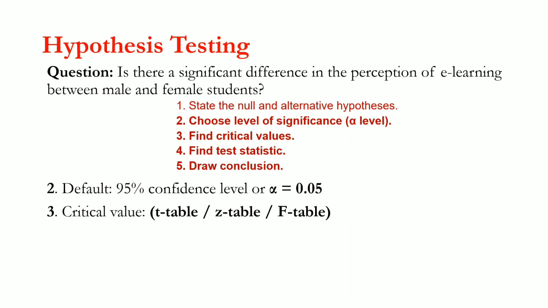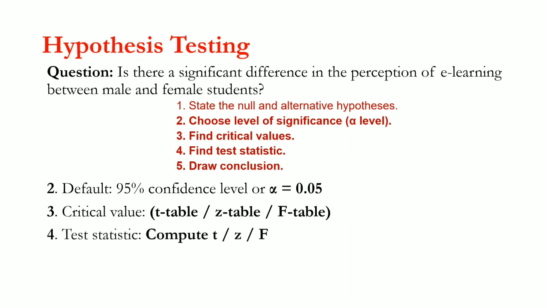They are preset. So depending on the statistical tool you are going to use, you will refer to them. For example, T-test, then you look at the T-table, Z-test, Z-table, F-test, F-table. So depending on the level of confidence you set, for example, 0.05 alpha level, then you look at the T-table under 0.05 alpha level.